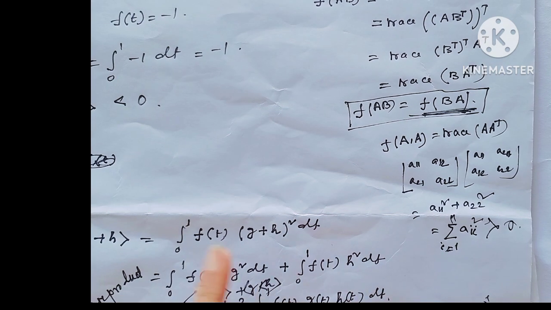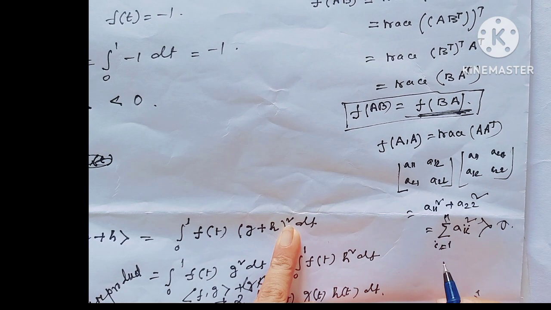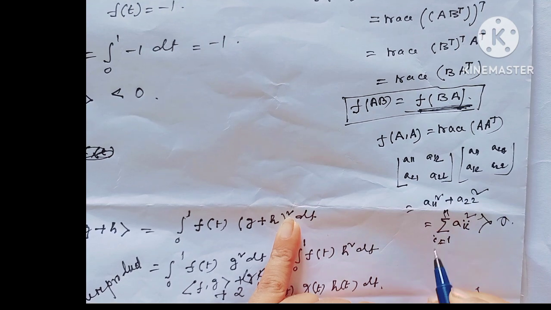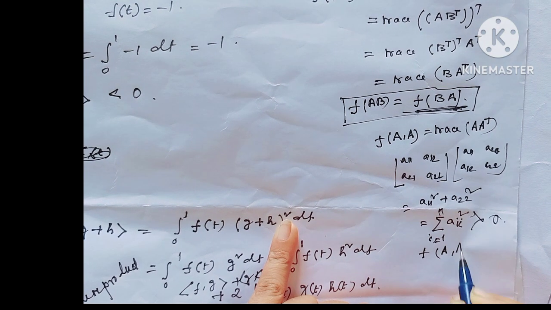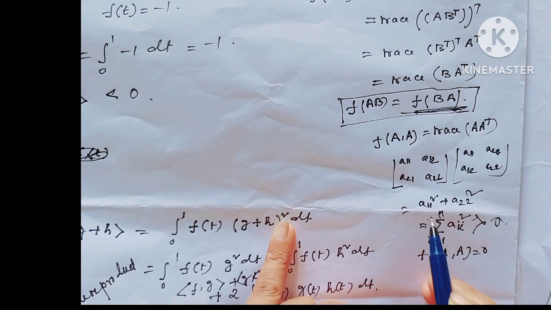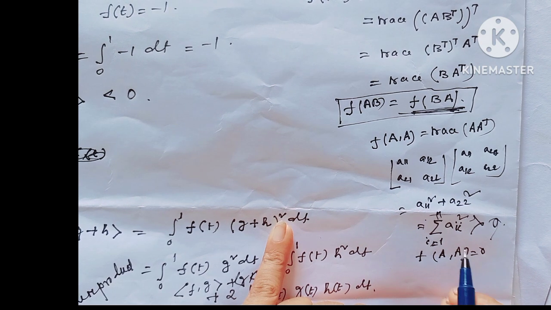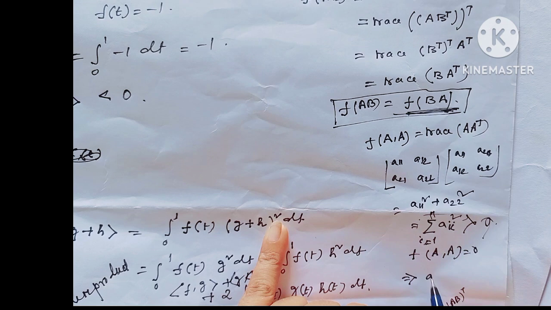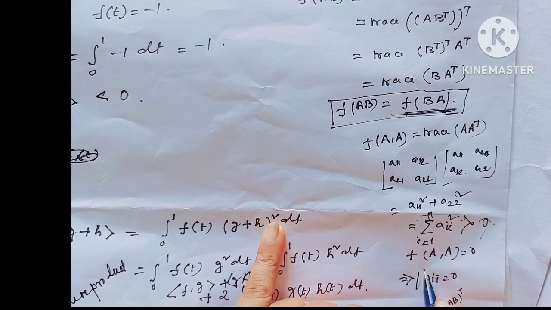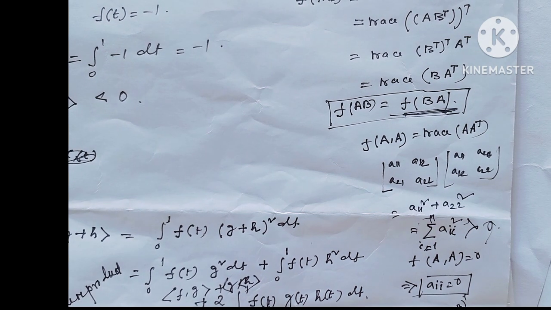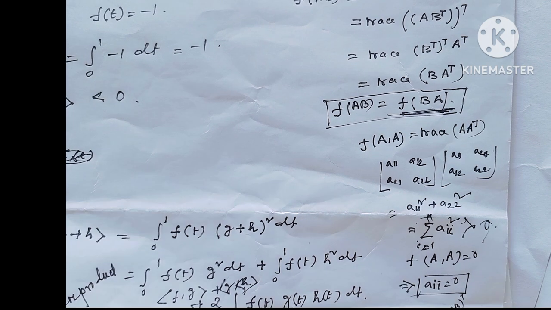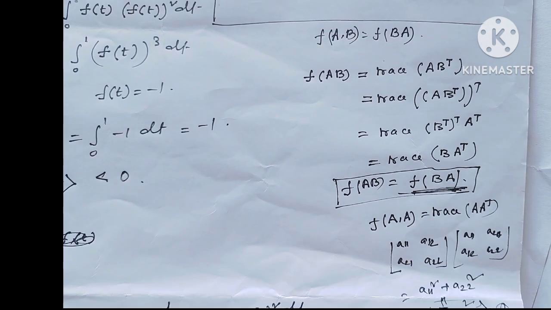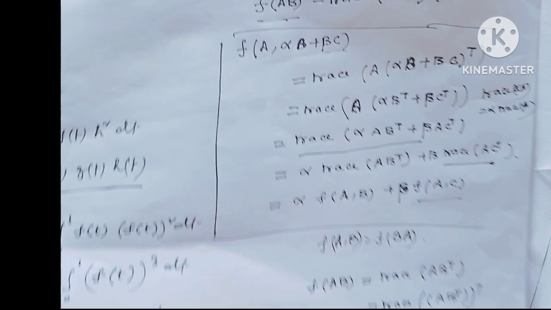And we all know that when f of AA is equal to 0, this term is equal to 0, which means component-wise AII equal to 0. I hope all my viewers have understood this. Okay.